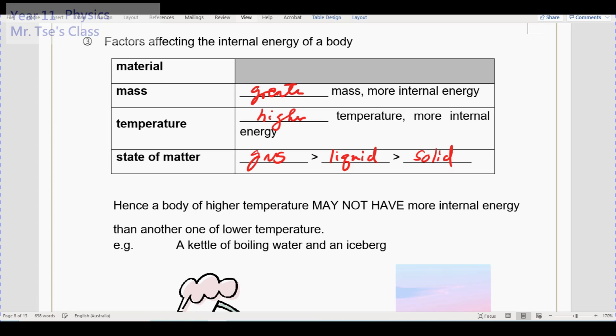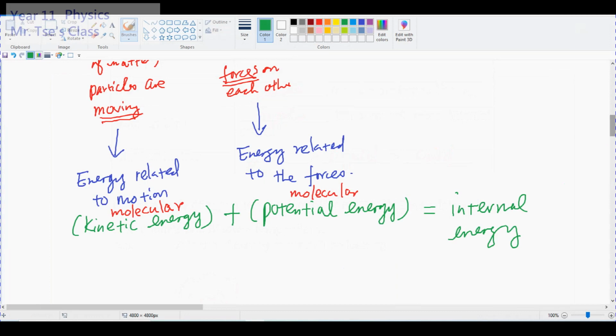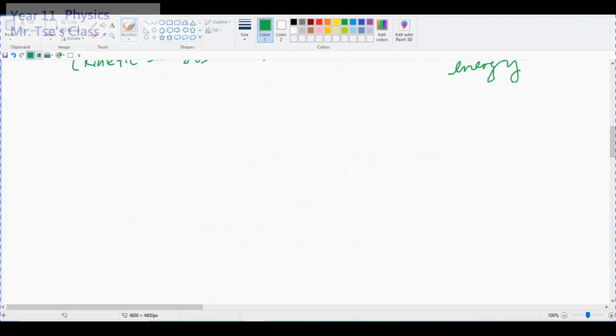Okay, how can we understand this? Just think about a simple phenomenon in our daily life. For example, you have 1 kilogram of ice.